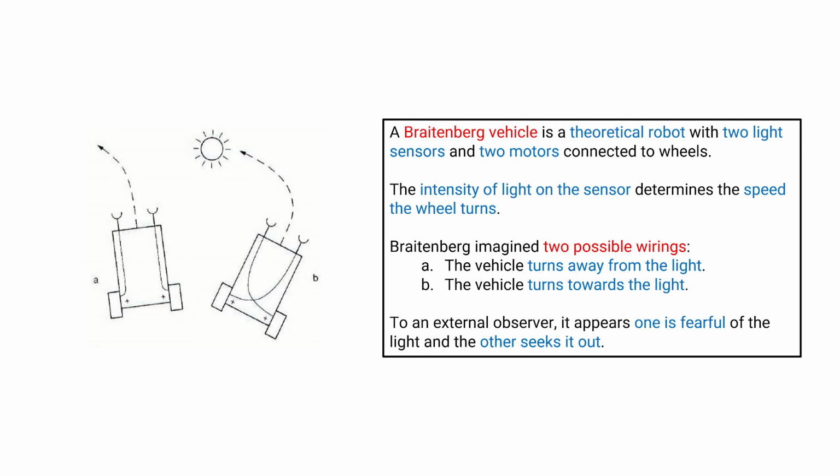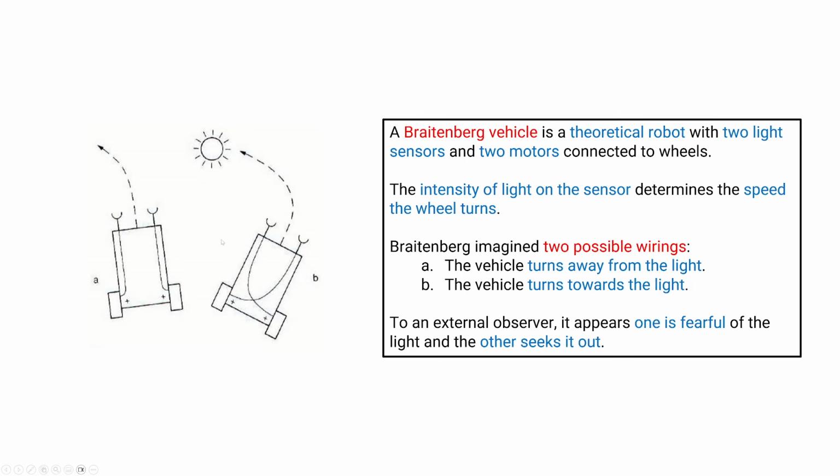So he imagines that we have these theoretical robots that are now commonly called Braitenberg vehicles, where each of the vehicles, well, there's more than one way you can wire it up, but the vehicles have light sensors on the front, and then they also have two wheels that they can control, and these are usually called differential drive wheels, meaning that you can send different amounts of power to each of them, and so one might spin faster than the other, or one might spin backwards, and so on. There's different ways you can set that up.